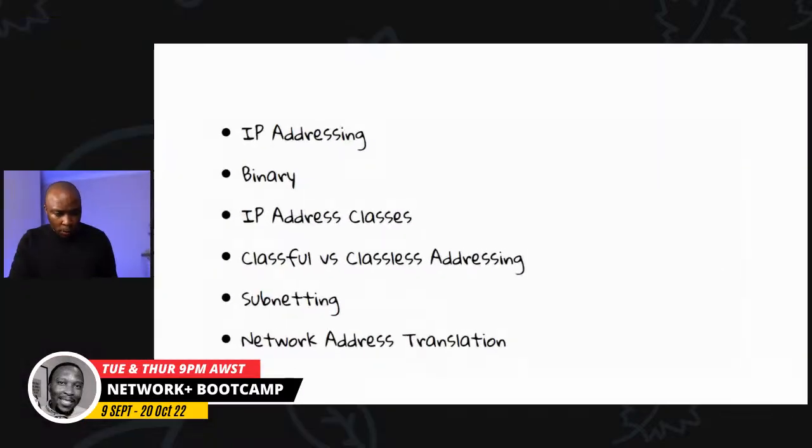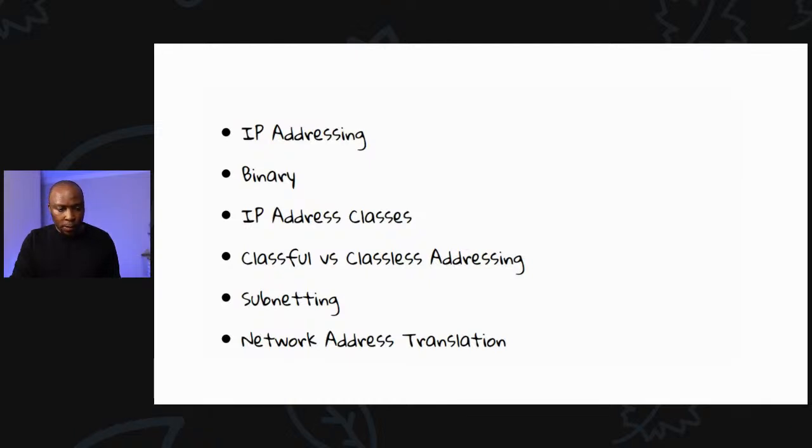Okay, so to kick off our class, these are the topics that we're going to cover today. And by the time we conclude our lesson, we're going to be looking at IPv4 addressing.